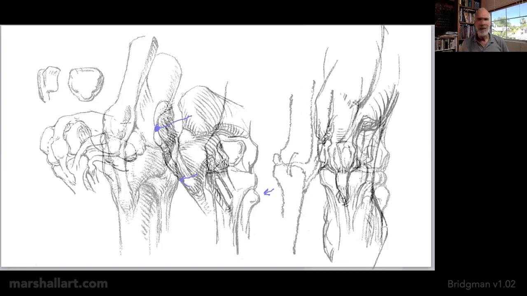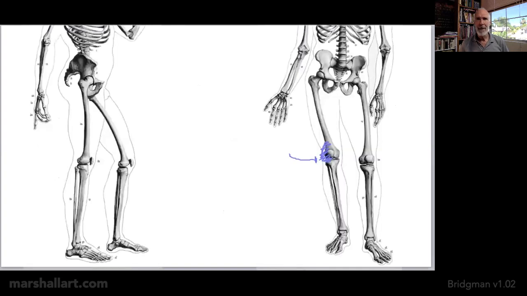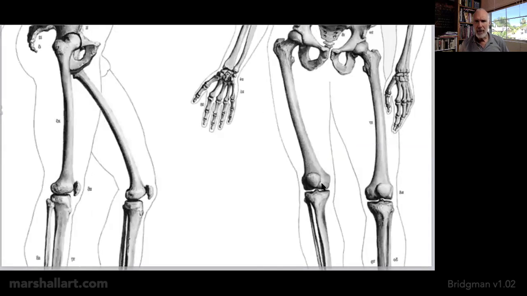Good observation. Look at what Bridgman does when he draws a knee. Look at how he actually puts in the medial condyle. What is that? Let's go back. The medial condyle is this portion of the bone.